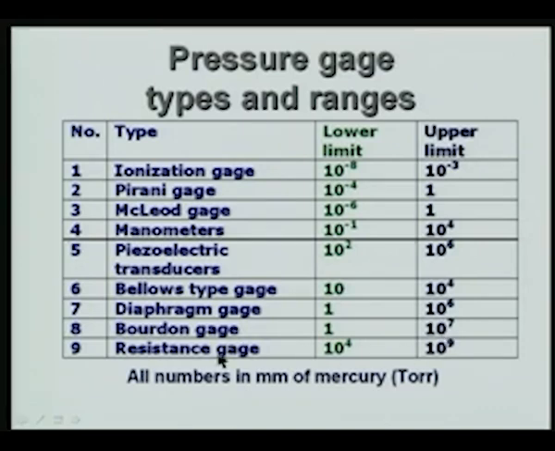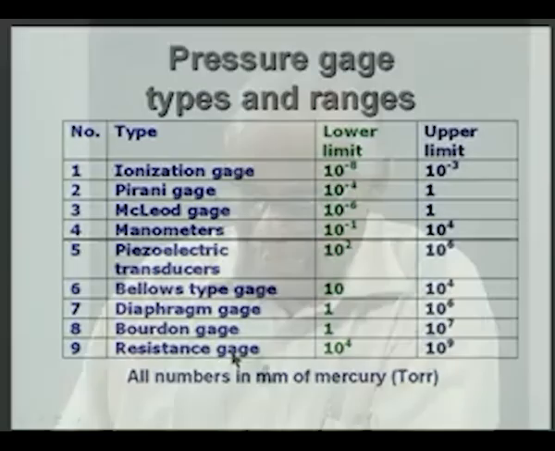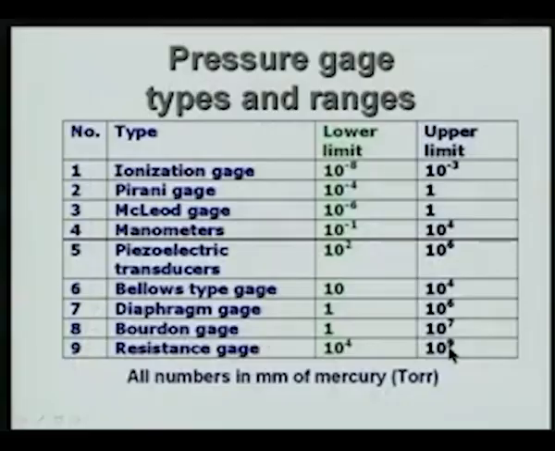And you see that a resistance gauge can go from 10 to the power of 4 millimeters of mercury to 10 to the power of 9 millimeters of mercury. This is about the highest pressure which is measured in the laboratory. The resistance gauge works as follows. If you have a material and it is subject to a pressure, it undergoes displacement or change in the shape, and because of this the electrical resistance of the material will change.